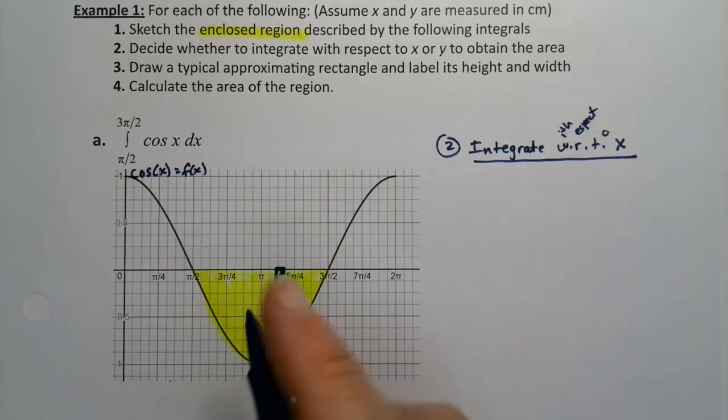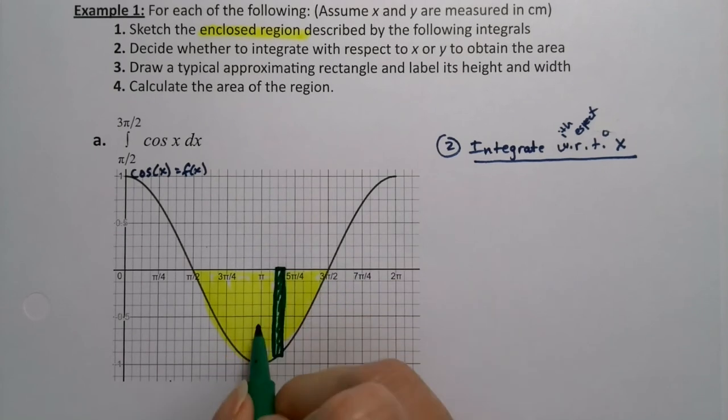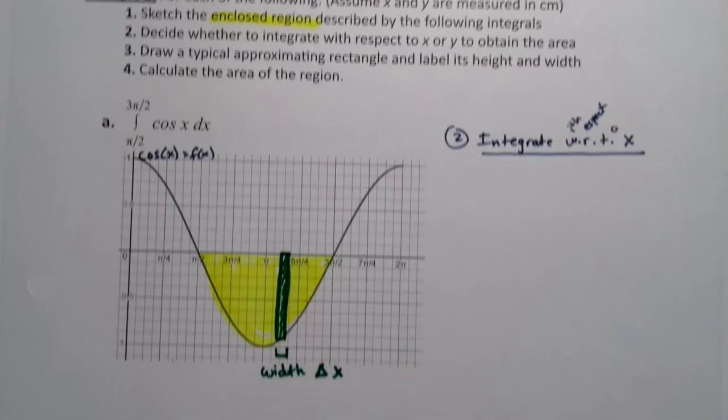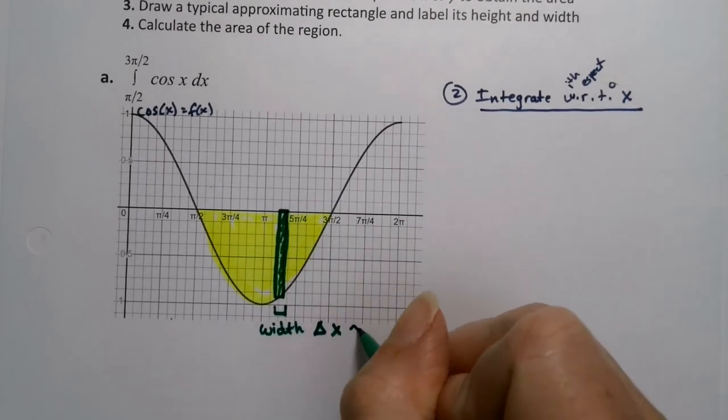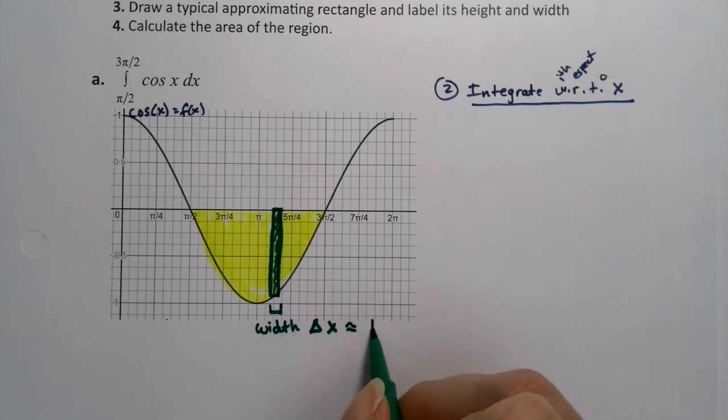And you can tell because this little guy right here has a width. That width is delta x, the change in x, which of course, if we let the number of rectangles go to infinity, then that delta x turns into dx, as you let n go to infinity.